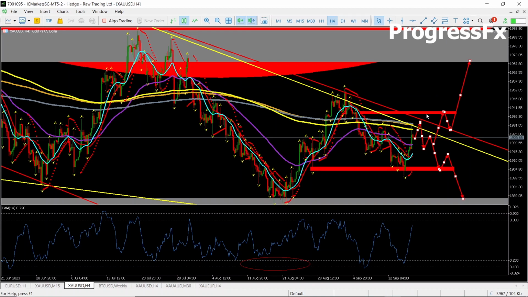But for now, the price still remains bearish until the 1904 area says otherwise. That is what you should expect in the market, guys.